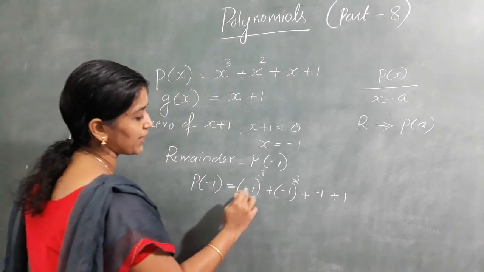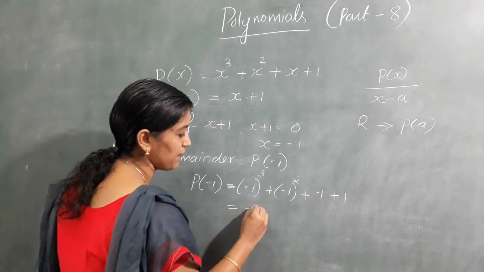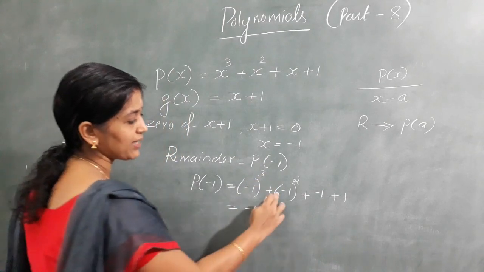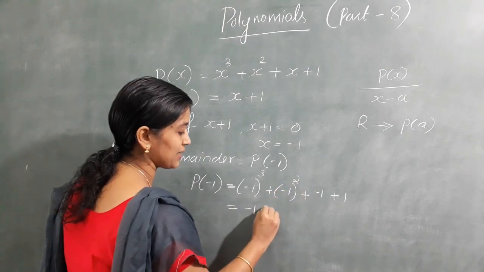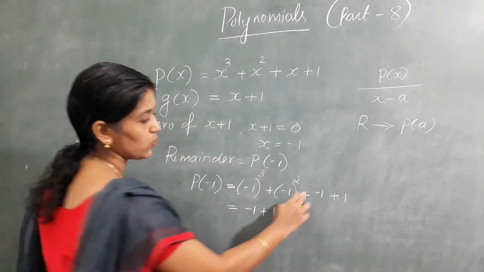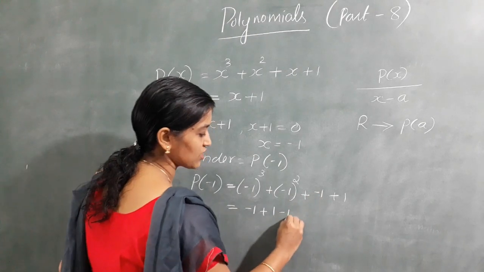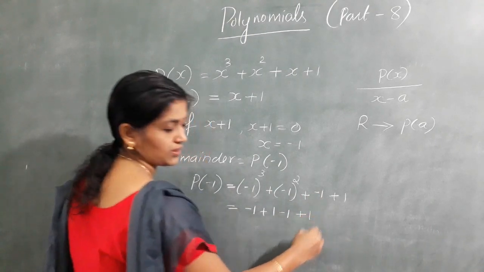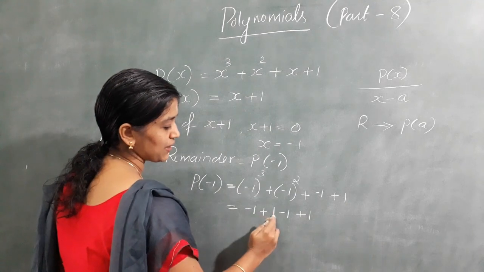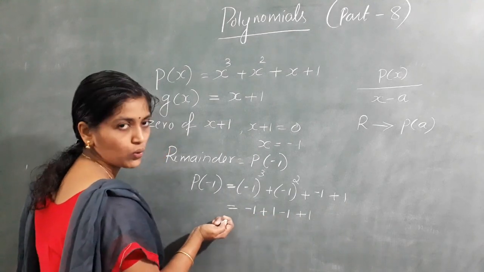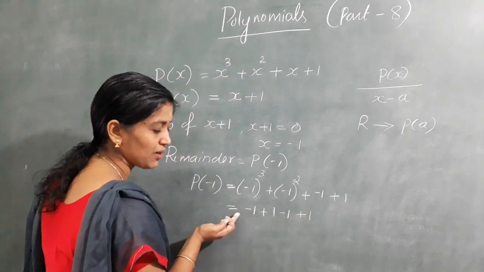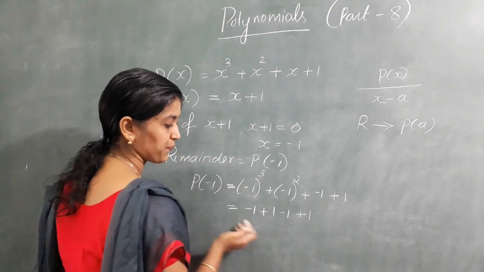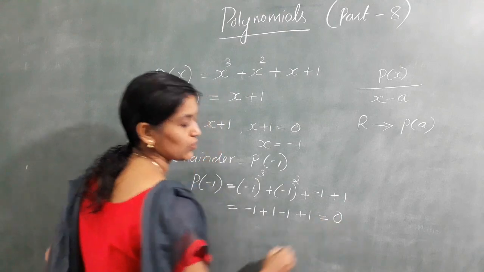Now minus 1 whole squared, that is an even power, so it is positive, plus 1. Now minus 1 and plus 1 become 0. Again minus 1 and plus 1 become 0. Clear? So this is equal to 0.